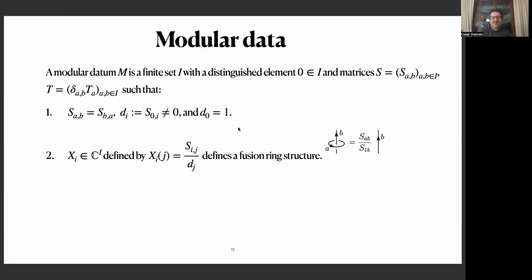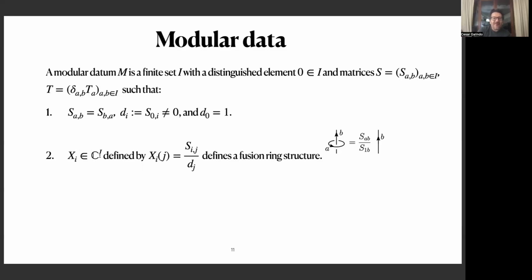And this is perhaps the most important condition, the Verlinde formula condition. We can define a function, where this notation denotes the set of functions from I to the complex numbers.